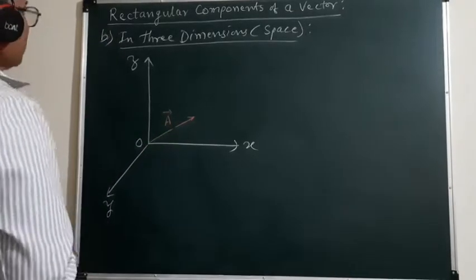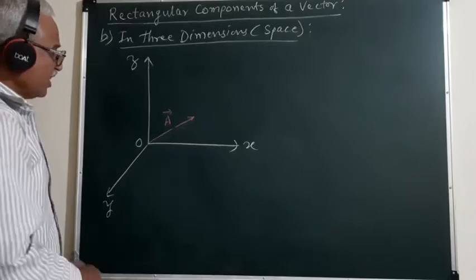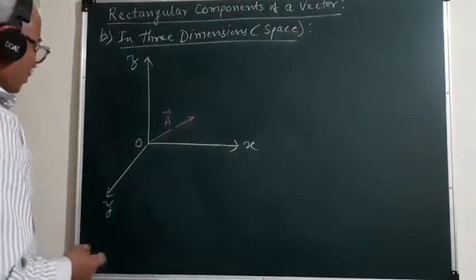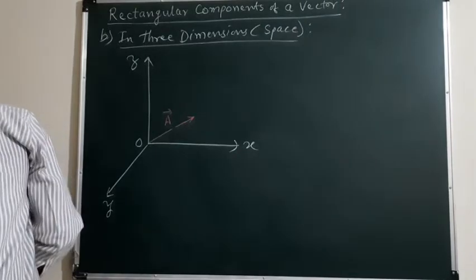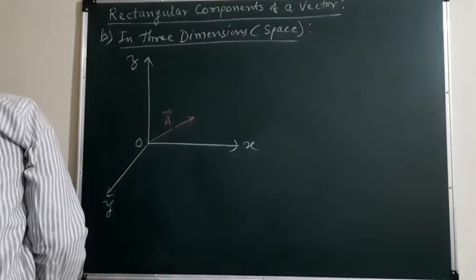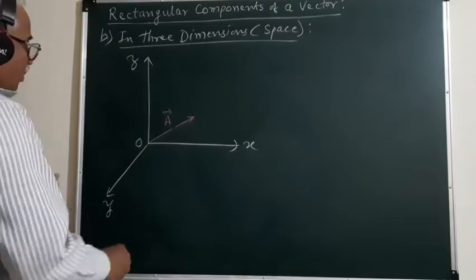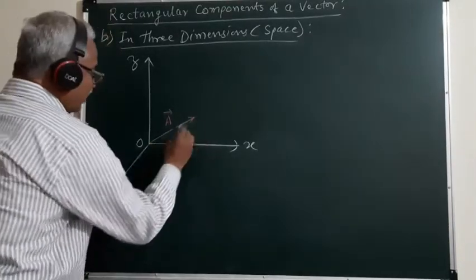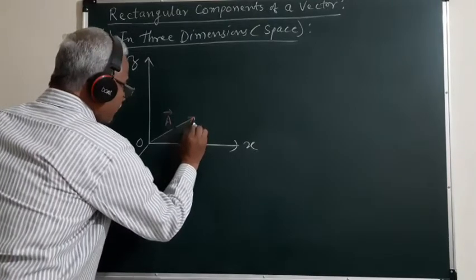In order to express this vector A bar in terms of its rectangular components, what to do? For that purpose, we have to draw the projection from the end point of vector A bar in the xy plane first.